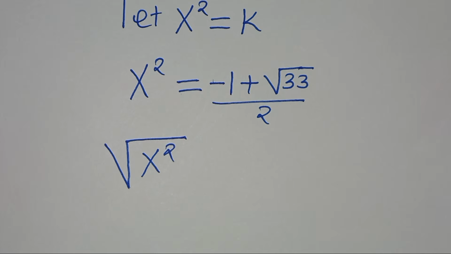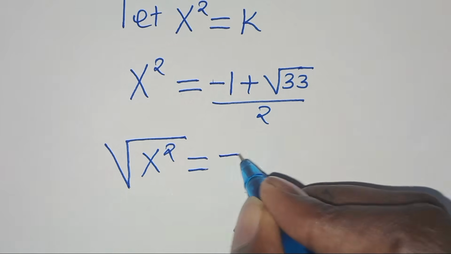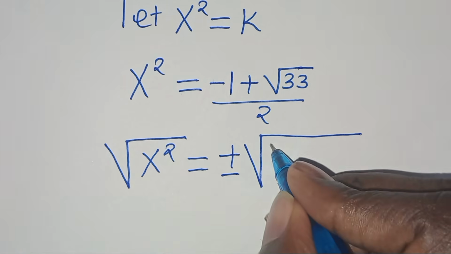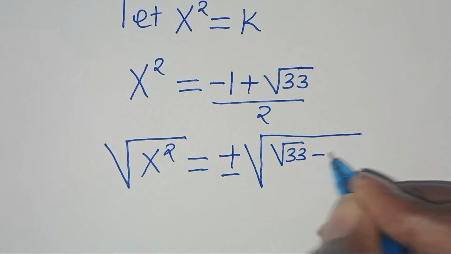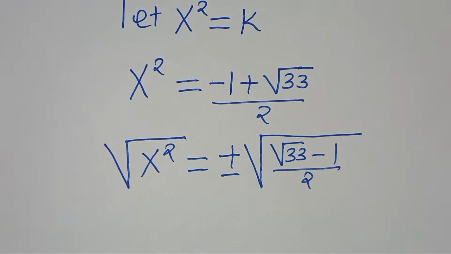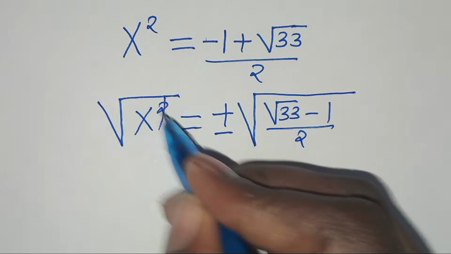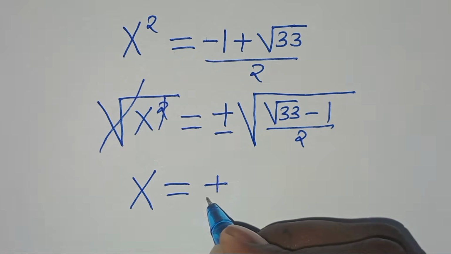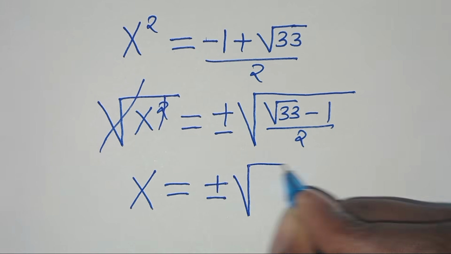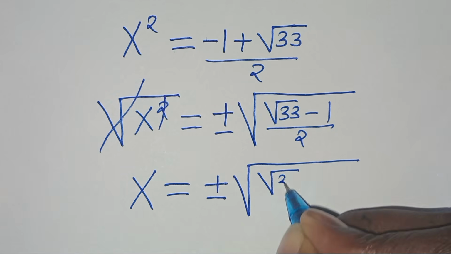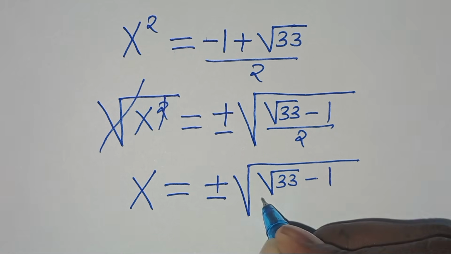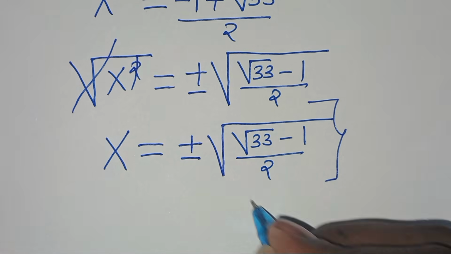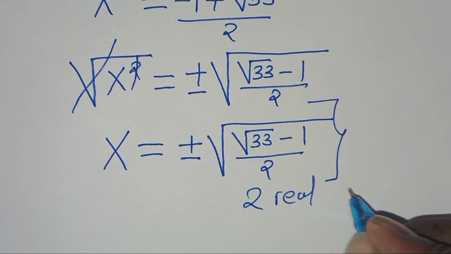We have the square root of x squared equal to plus or minus the square root of, now we can express this as the square root of 33 minus 1 over 2. So let's eliminate the square root sign here so that x is equal to plus or minus the square root of root 33 minus 1 over 2. So we note that here we have two real solutions.